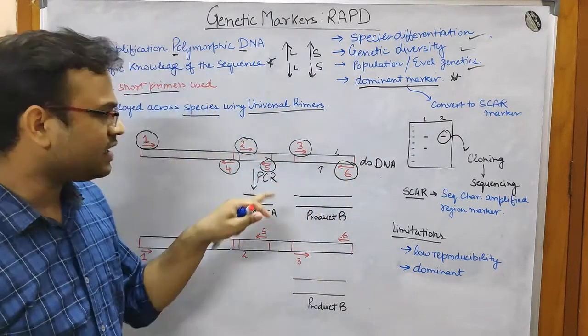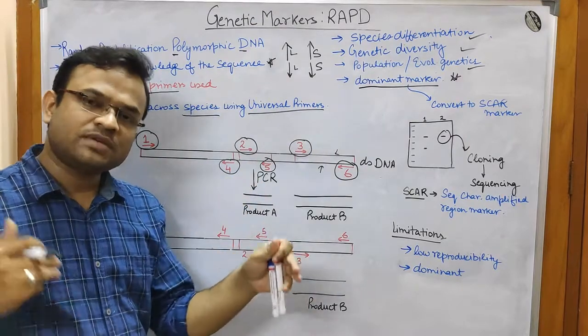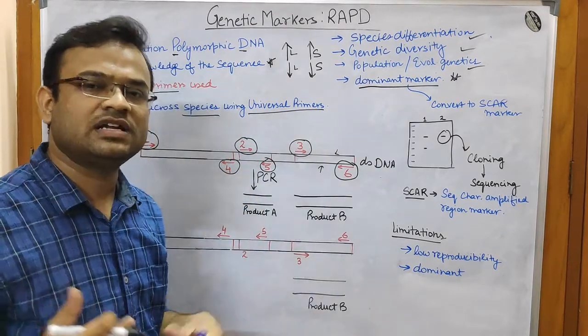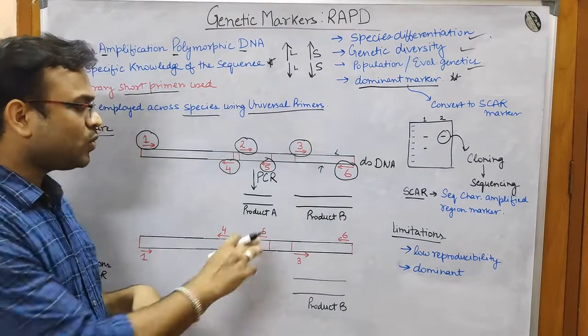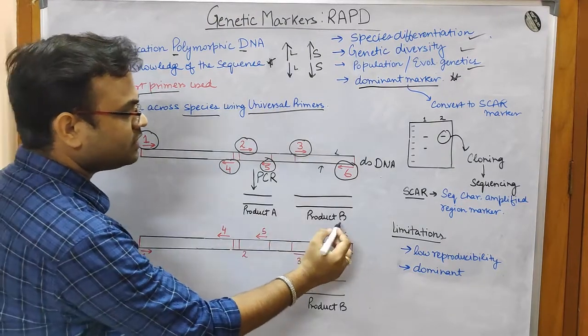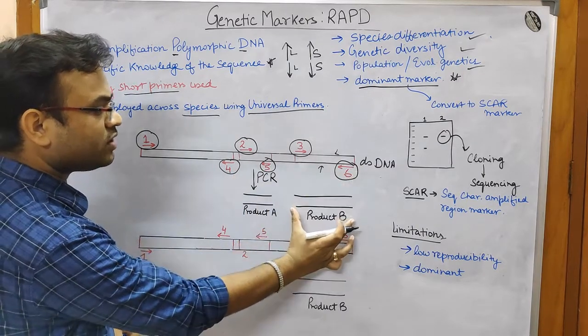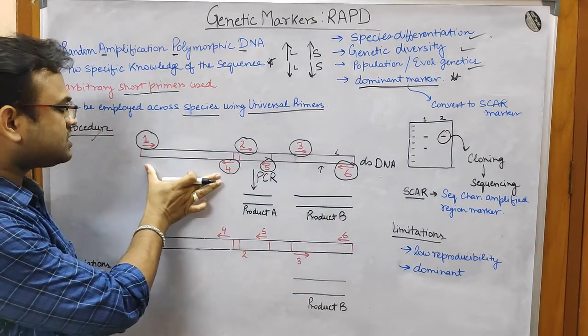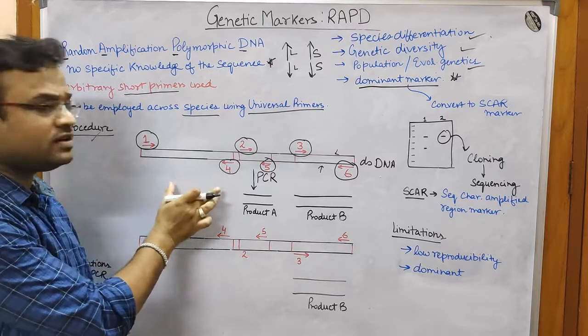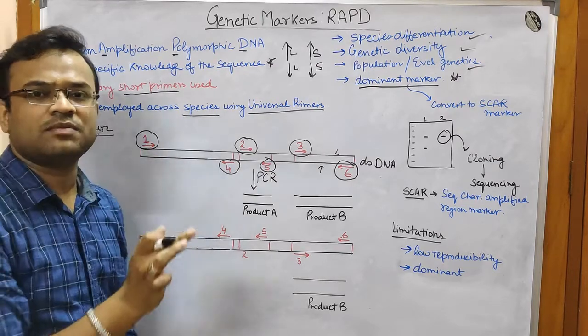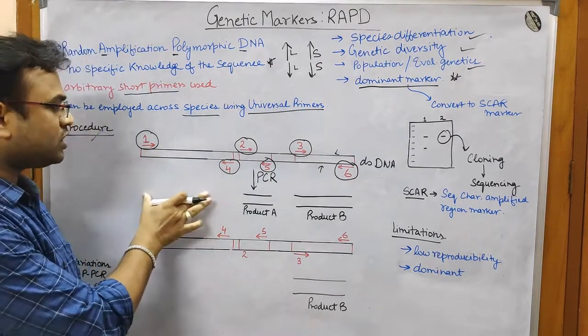Now let us understand, after the PCR has completed its cycle, what would you get? You would get product A and product B, corresponding to this particular region and this particular region. Now why didn't you get a product between 1 and 4? Why couldn't the 1 and 4 primers produce a product?